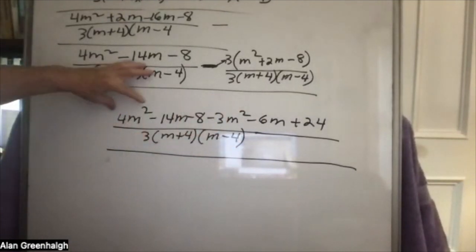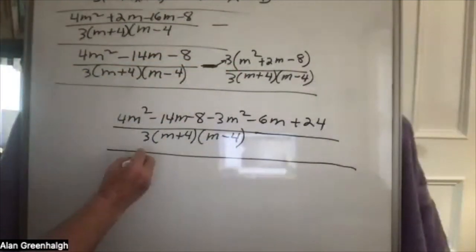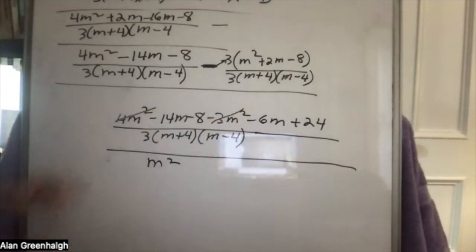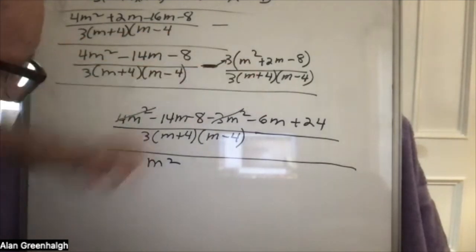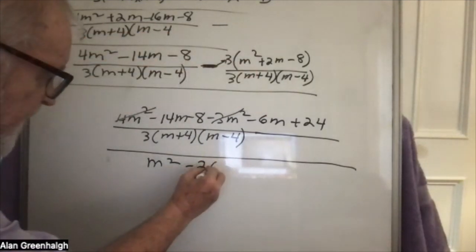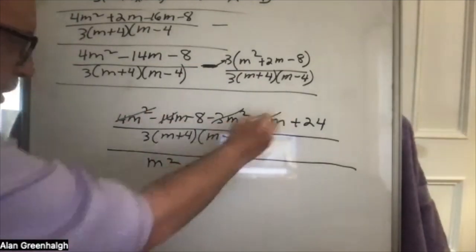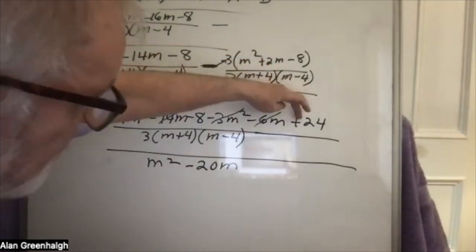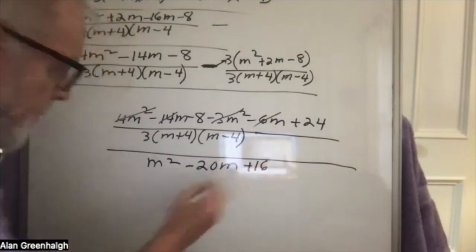Okay, so 4m squared minus 3m squared is m squared. Negative 14m, negative 6m is negative 20m. Negative 8, positive 24 is positive 16.